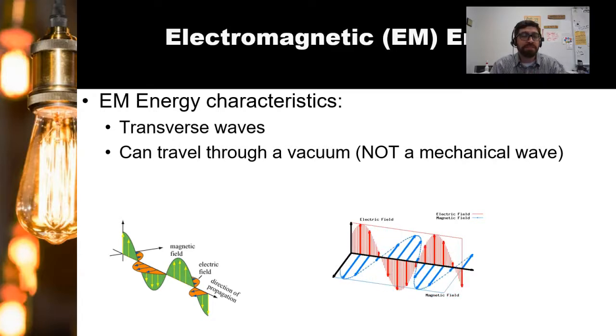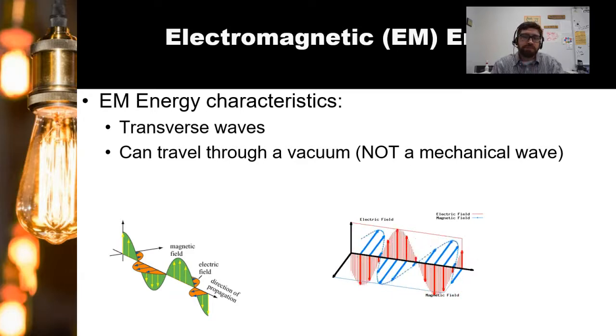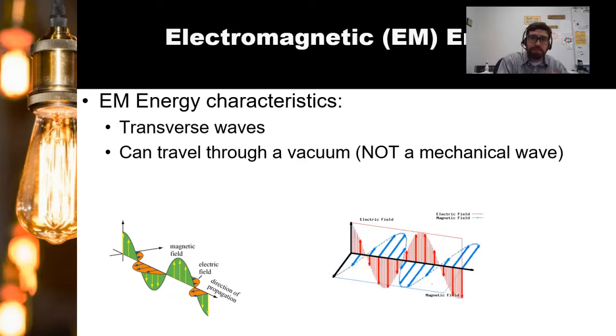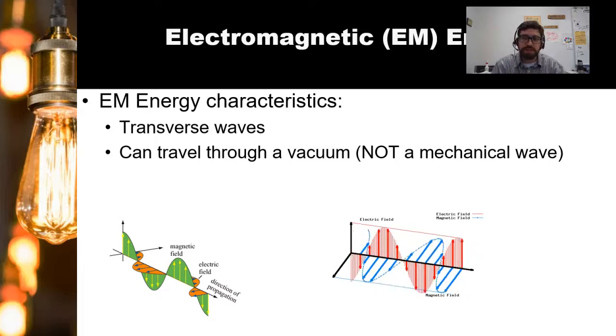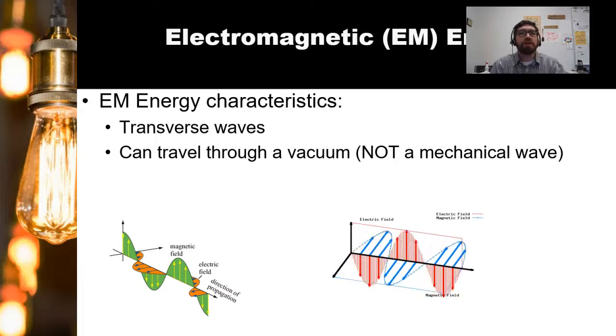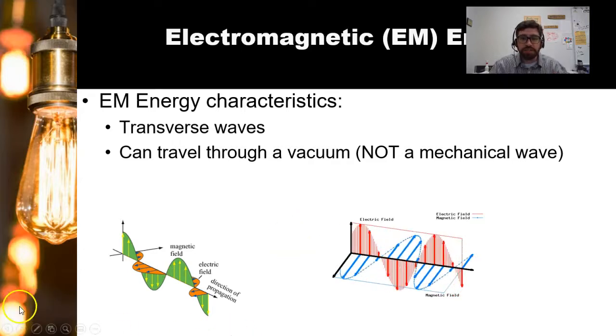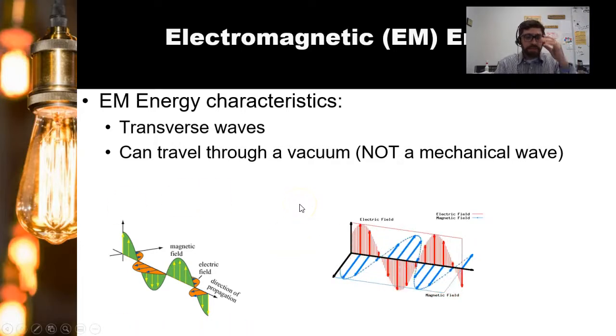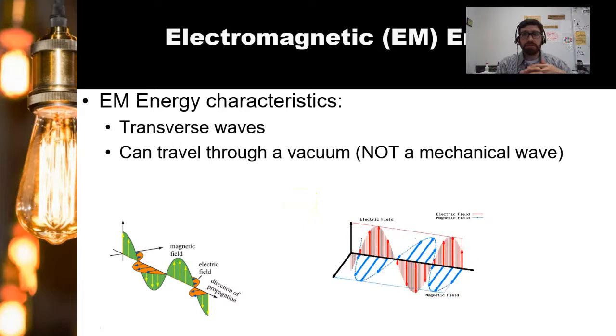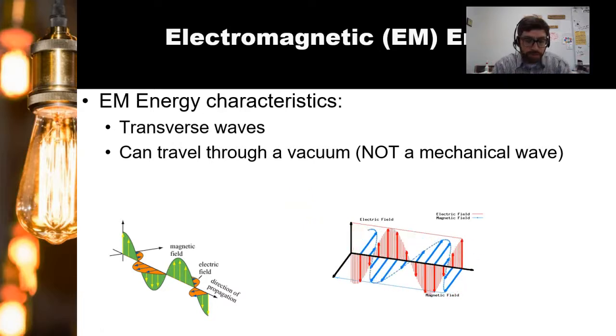They drive themselves. They do not use the particles of the medium to propagate. The electric field propagates the magnetic field. That magnetic field repropagates an electric field, etc., etc. That's how light can travel in a vacuum. Now, it doesn't have to, remember. Light can travel through different media, water, air, glass, whatever we've got.